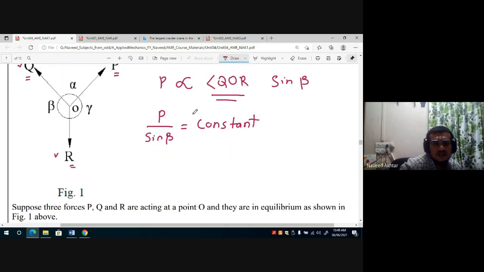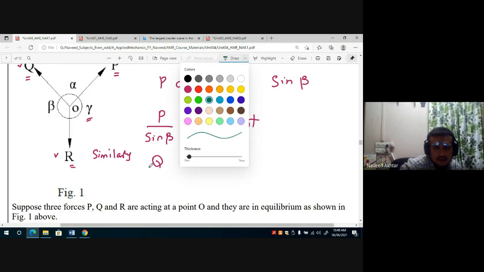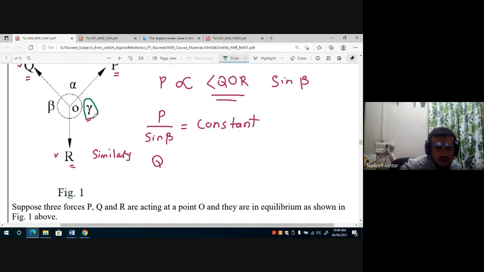अब इसी तरह अगर हम देखेंगे कि Q अगर लें, तो Q सिमिलरली क्या हो जाएगा? अगर Q को लो, तो Q के अपोजिट में जो एंगल है वो ये वाला है, जिसे हम गैमा कहते हैं. तो Q अपॉन साइन ऑफ गैमा इज इक्वल टू कांस्टेंट.